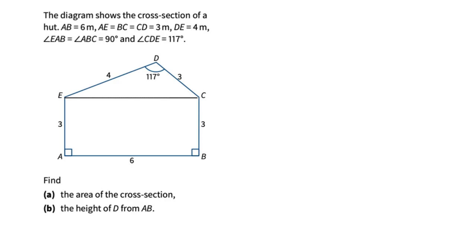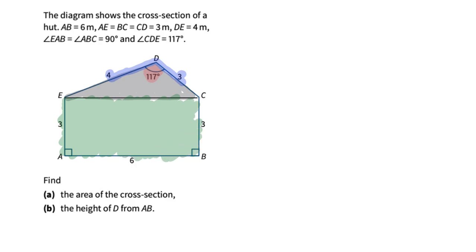So to find the area of the cross section, all we have to do is to find the area of the triangle, where this is the included angle of these two sides, and I can apply the formula pretty straightforwardly. I also see that this is a rectangle.